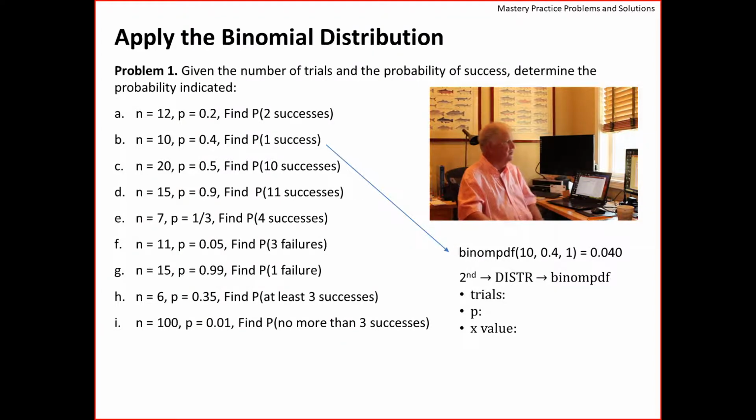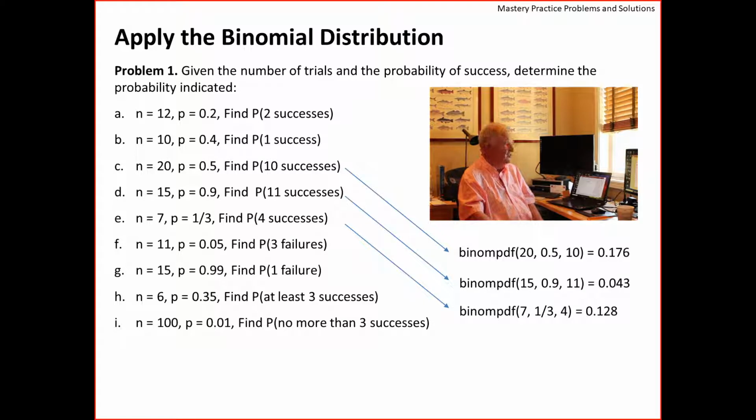And when you do that, you can do every one of those problems just that way. Notice the last problem. This would be problem E. It's got a probability of success of 1/3. As you enter that into binomial PDF, feel free to go 1 divided by 3. The calculator will take care of it. So you can enter fractions rather than decimals if you want.